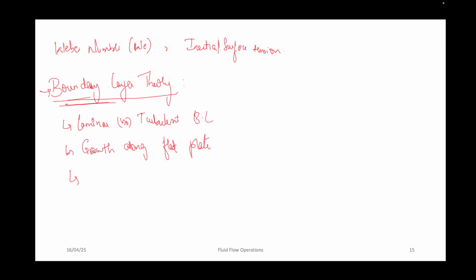And we also discussed about drag as well. Boundary layer separation, and then the concept of drag. Okay. So do you have any doubts until now?